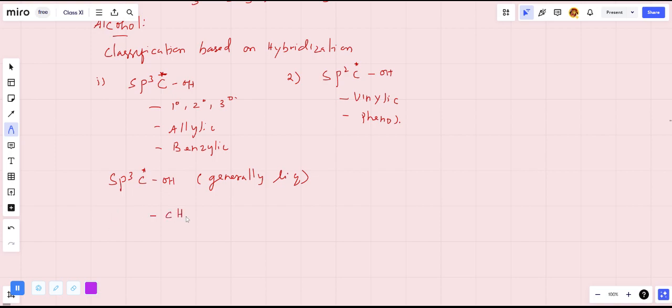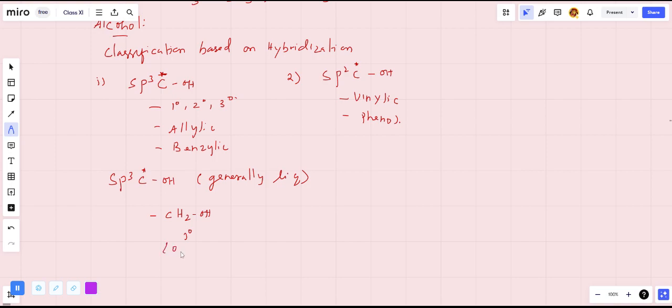CH2OH. The first classification is primary, secondary or tertiary. The OH functional group which is attached to one carbon or zero carbon is a primary. This one is primary because the OH functional group is attached to one carbon.